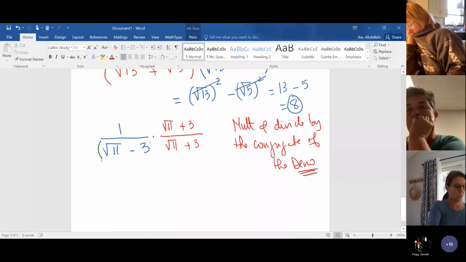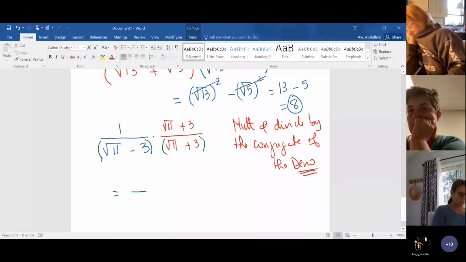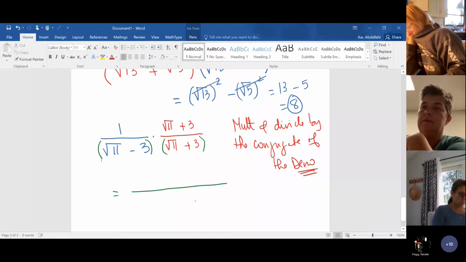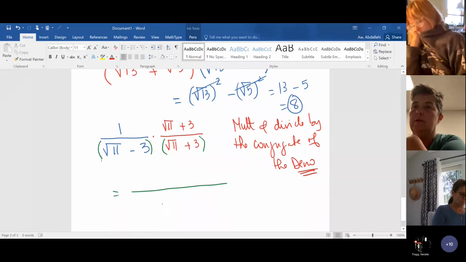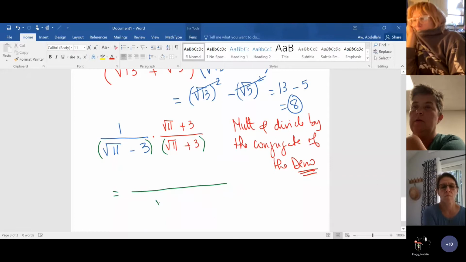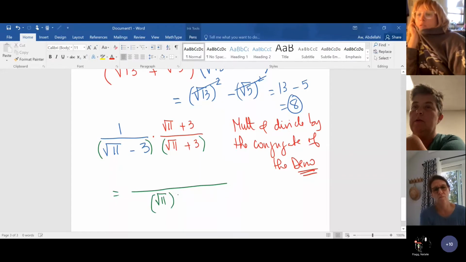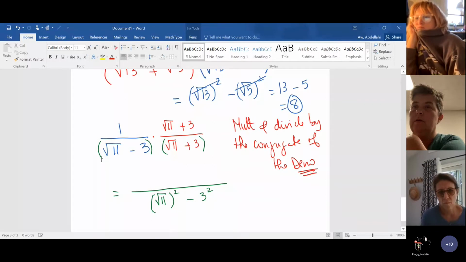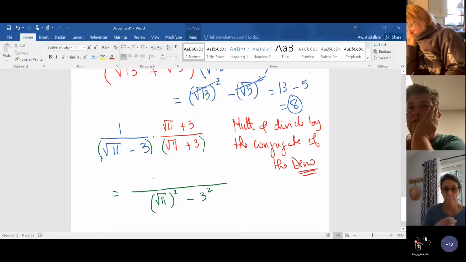You see here, these two together now, we're going to do the shortcut. What's going to be my new denominator? Do I need to FOIL? No, I don't need to FOIL. My new denominator will be square root of 11 squared minus 3, 9. And my new numerator will be just square root of 11 plus 3.